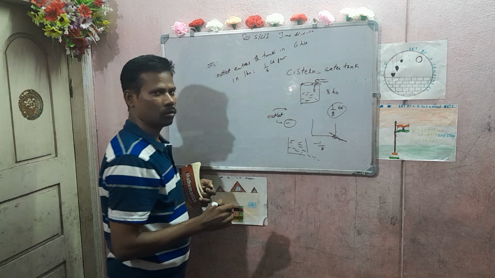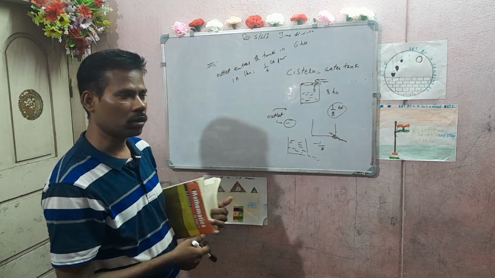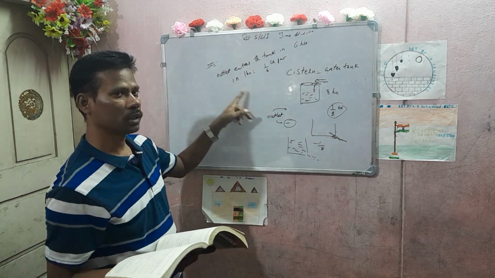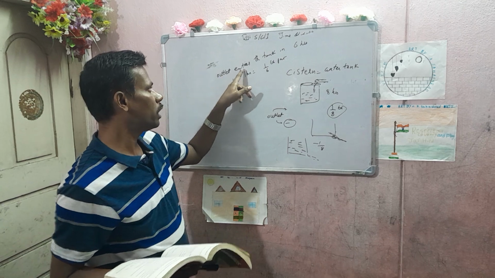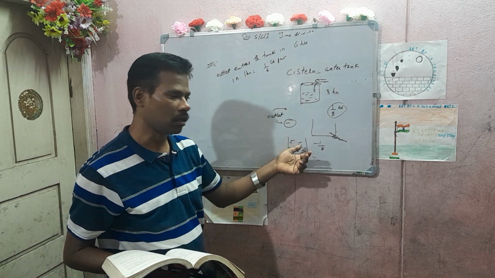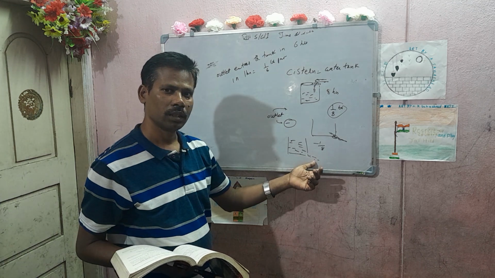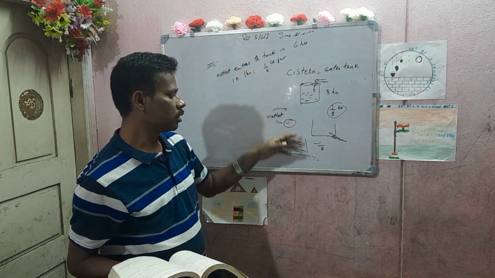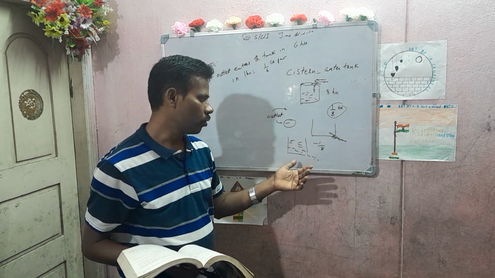So remember these words, it is very useful. Once again I will explain. If the outlet empties the tank in 6 hours, outlet means some draining pipe, and empties means the water will be flowing outside.